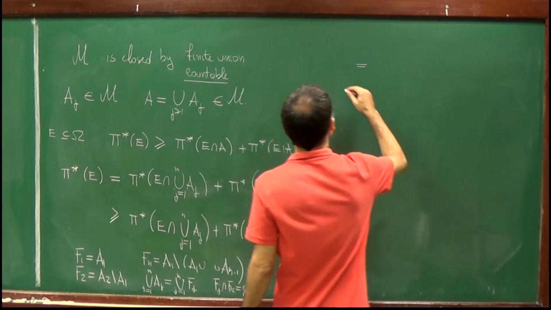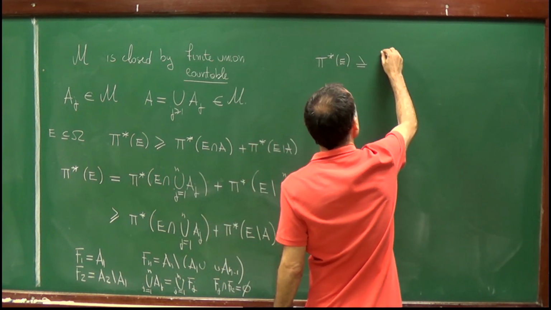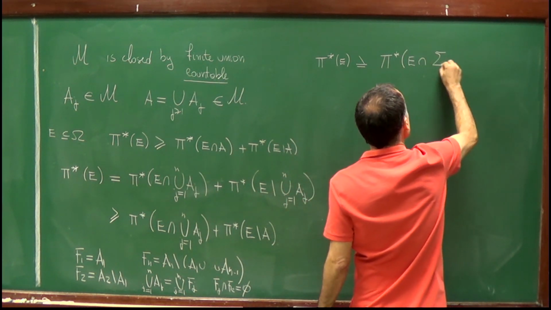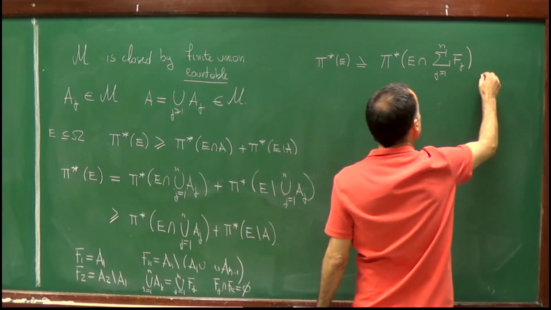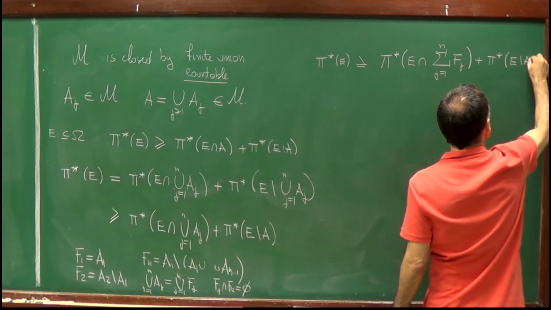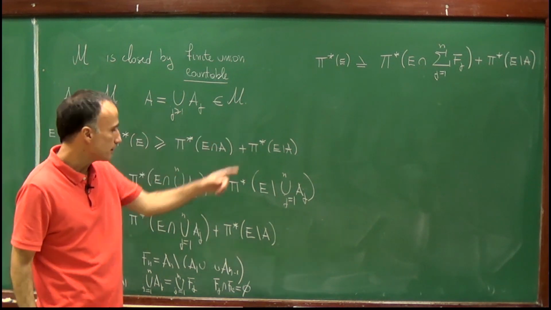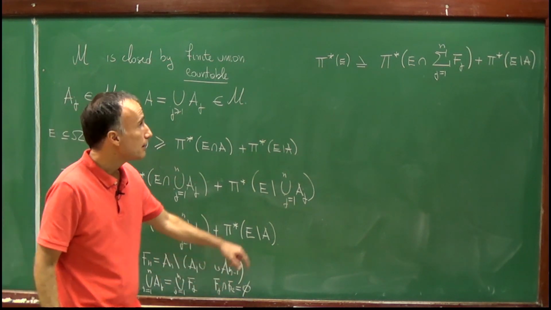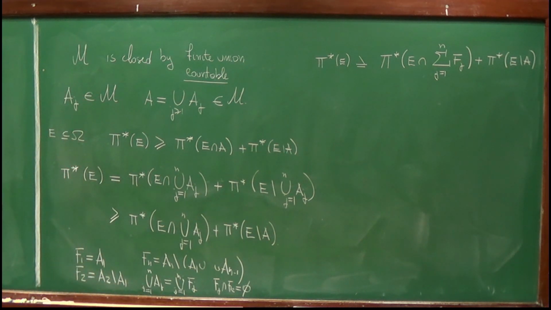So up to now, we proved that P star E is greater or equal than P star of E intersection the union of Fj, j from 1 to n, plus P star of E minus A. Here, to obtain this identity, I just use the fact that the union of Aj is equal to the union of Fj, and I use this symbol, sum, because the sets Fj are disjoint 2 by 2.